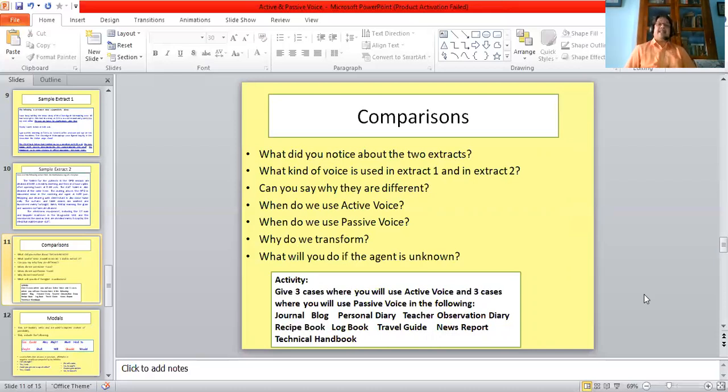I would say that technical handbook, log book, news report, also to some extent the teacher observation diary and the recipe book, these are all written in the passive voice. These are mostly written in the passive voice. Now, the journal or blog or personal diary, they are likely to be written in the active voice.